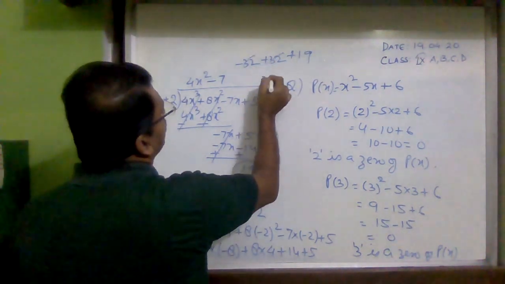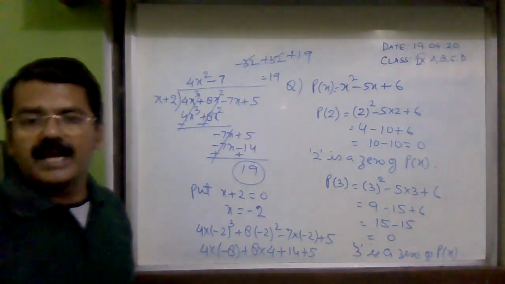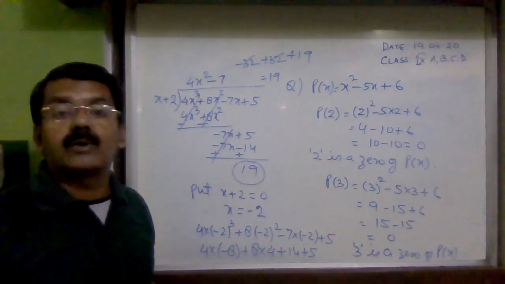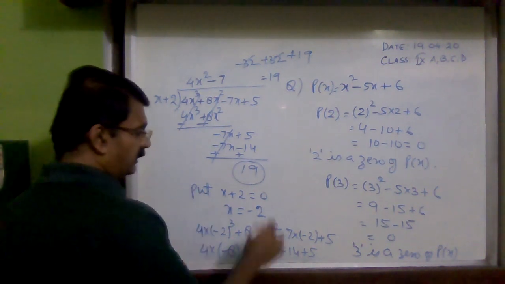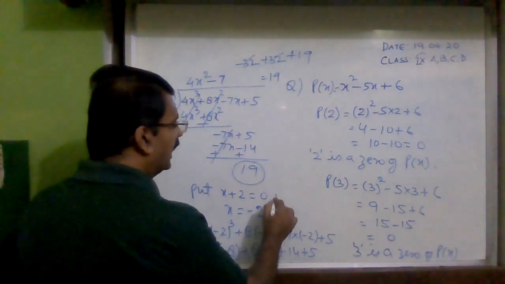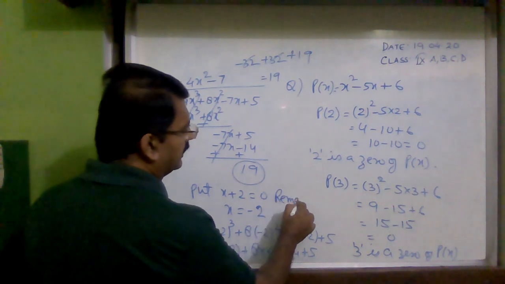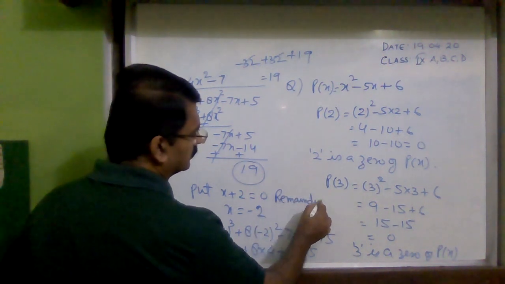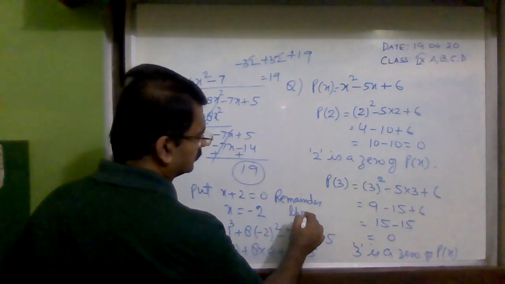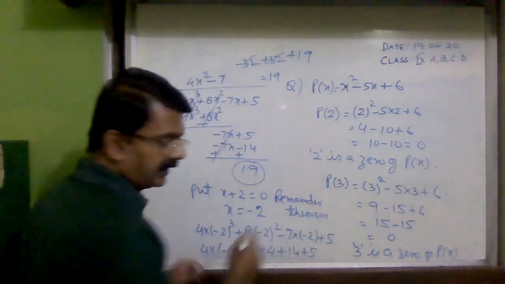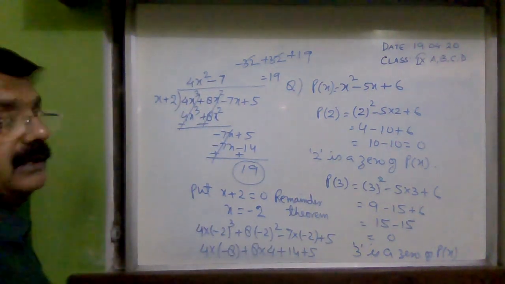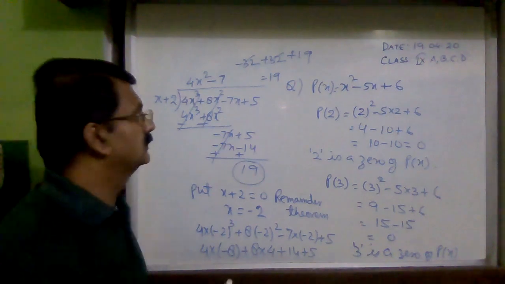So you can see we are getting 19 as the remainder, and this is called the remainder theorem. The method that we have used here is called the remainder theorem.